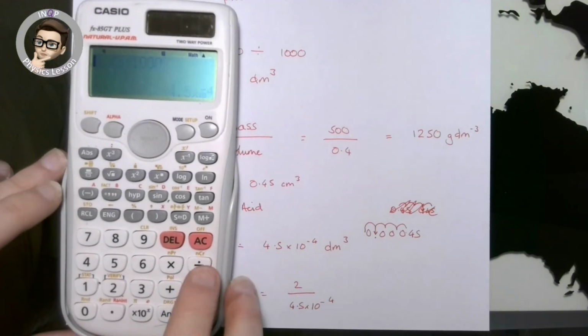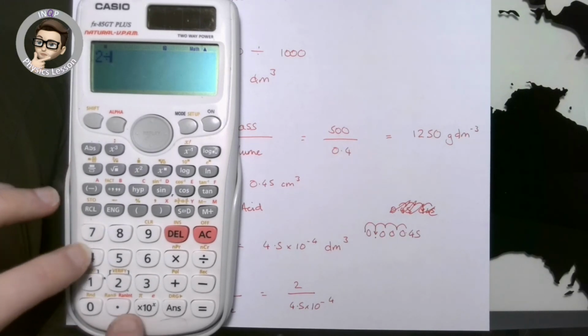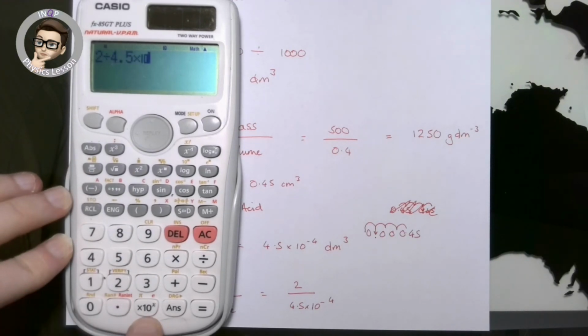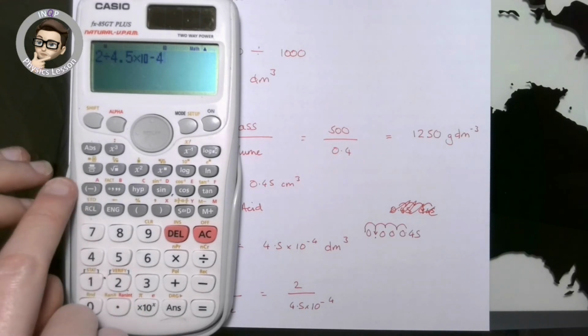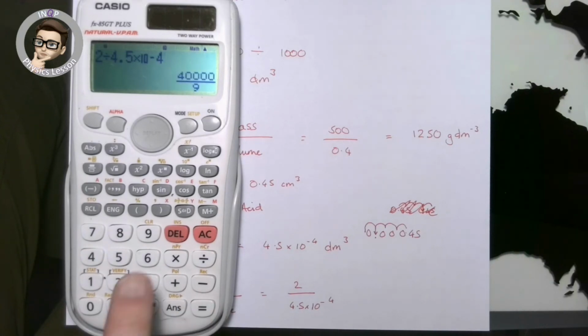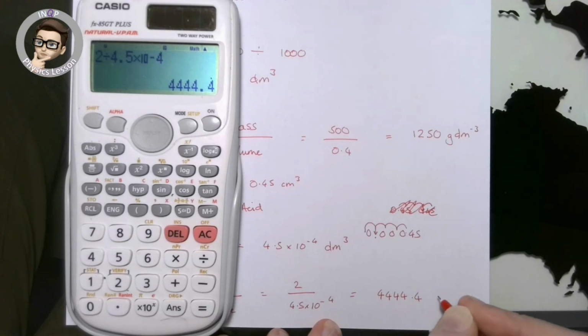So let's do the calculation together. 2 divided by 4.5, that times 10 to the x, or EXP button, depending on your calculator, minus 4. Remember, it's that minus, it's not that one, because that'll make you have an error. Press the equals and you'll get your answer, and it's going to be 4,444.4 recurring grams per decimeter cubed.